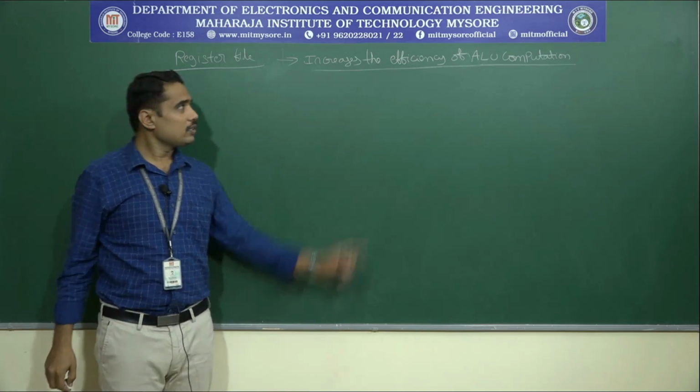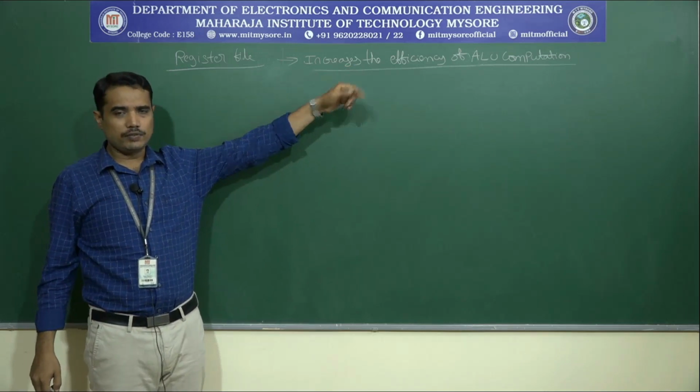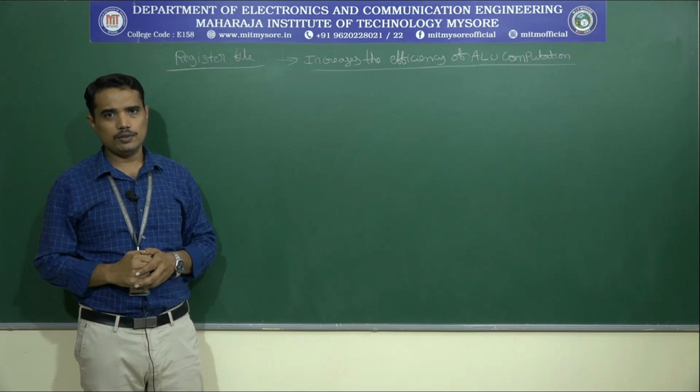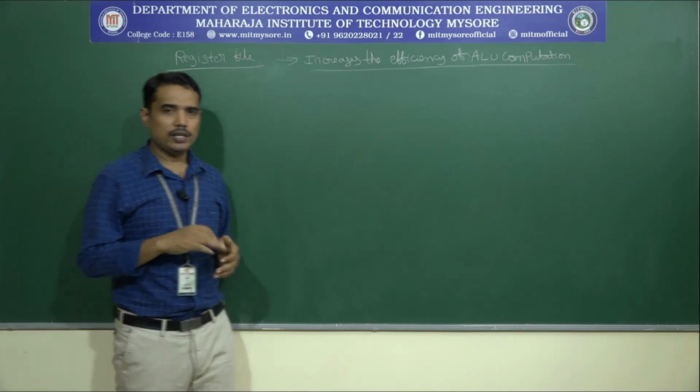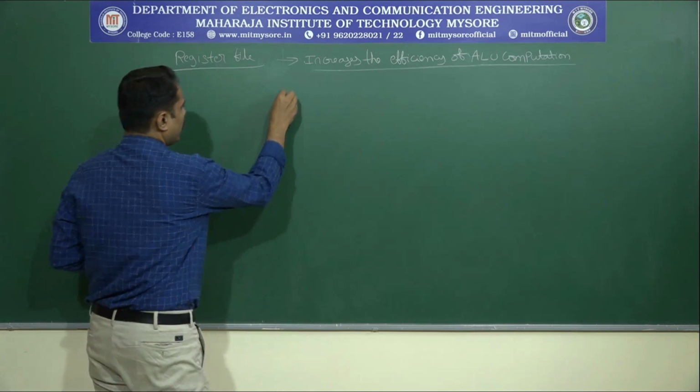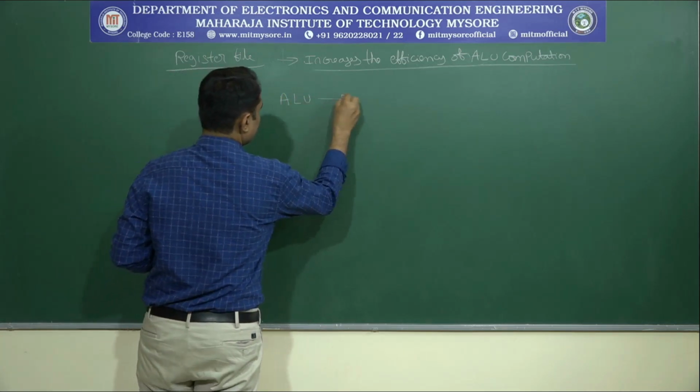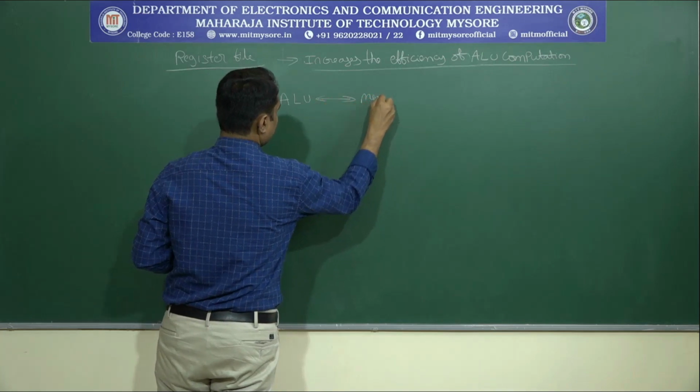In what way are the register files going to increase the efficiency of the ALU computation? While computing, the data will be transferred in and out between the ALU and the memory.